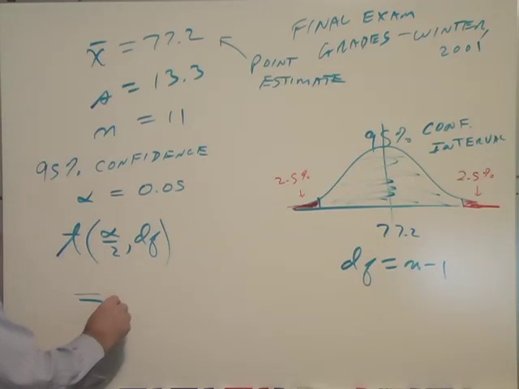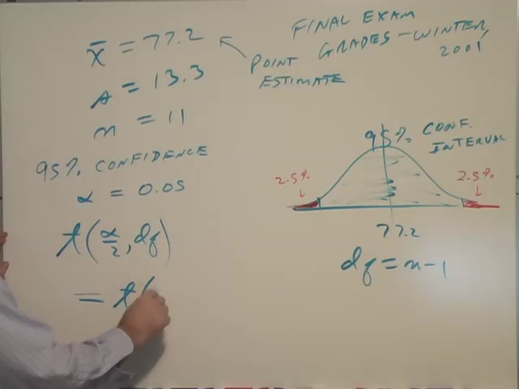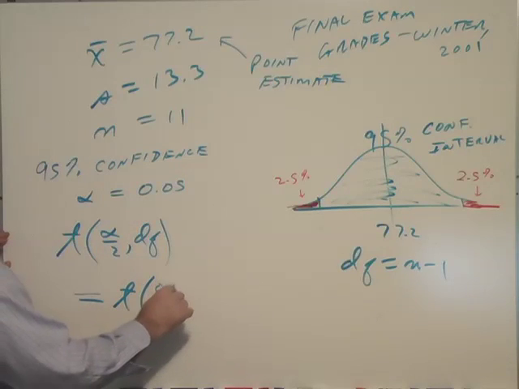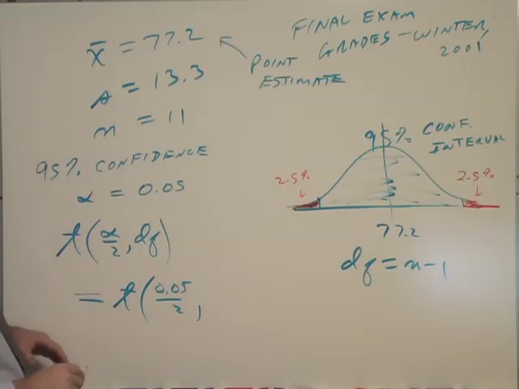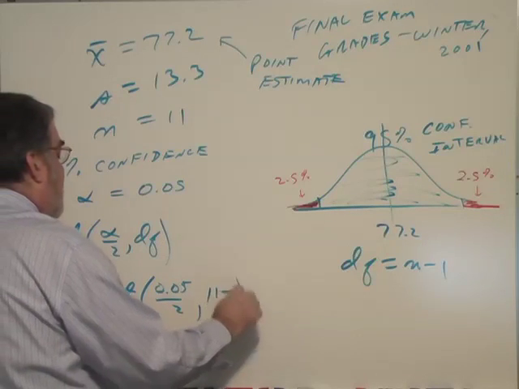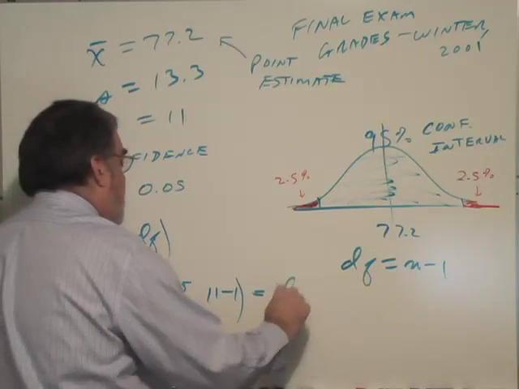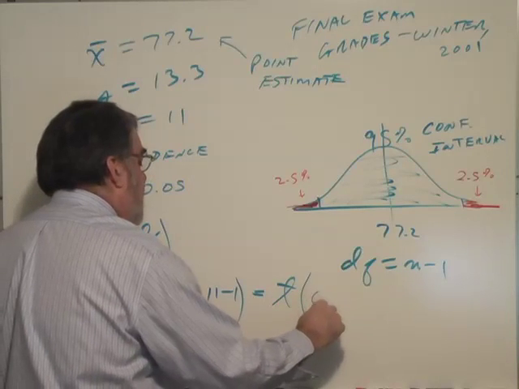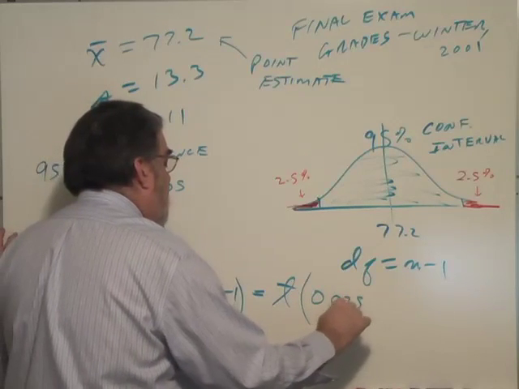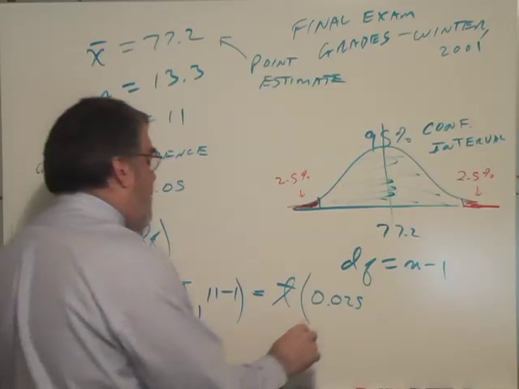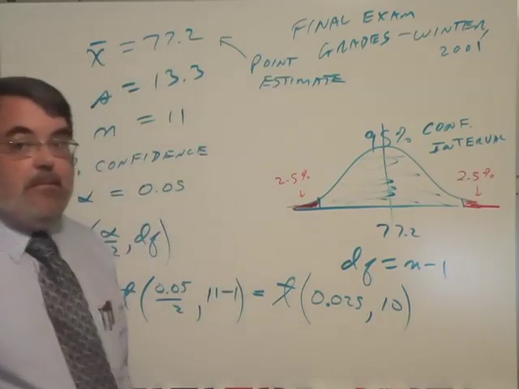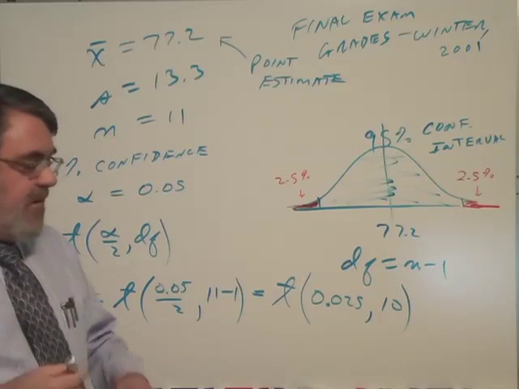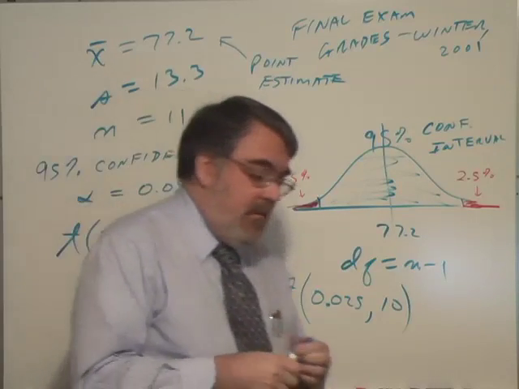Alpha over 2 is 0.05 divided by 2, and the degrees of freedom would be 11 minus 1. So I need a t-score based upon a probability of 0.025 and 10 degrees of freedom. That's our t-score. So what in the world is that?